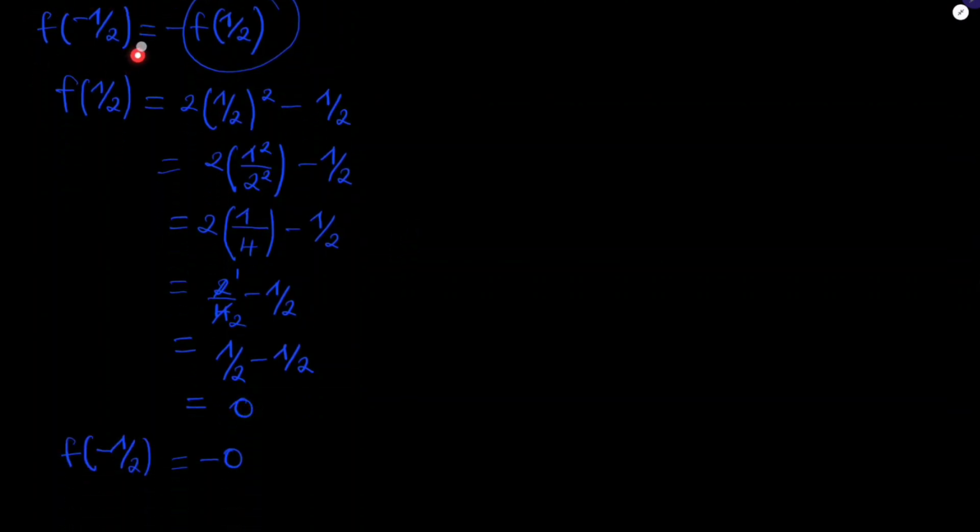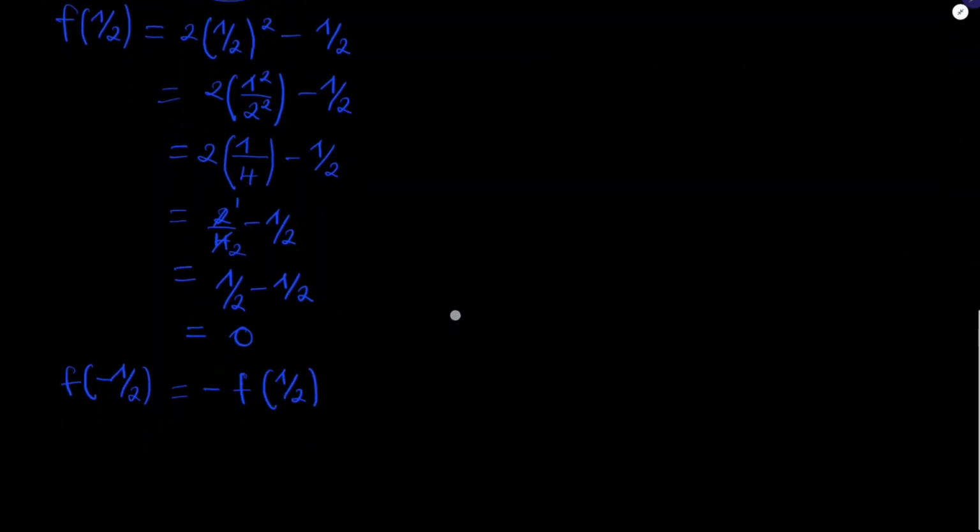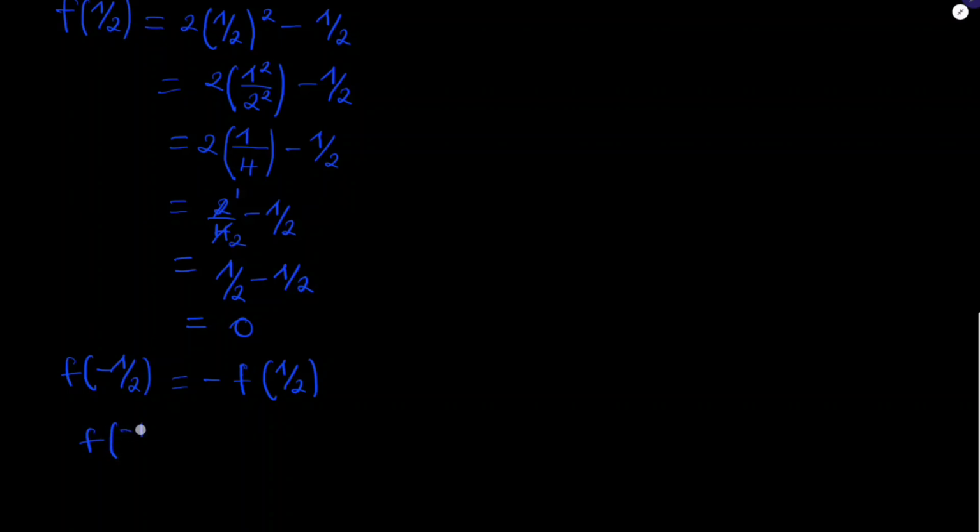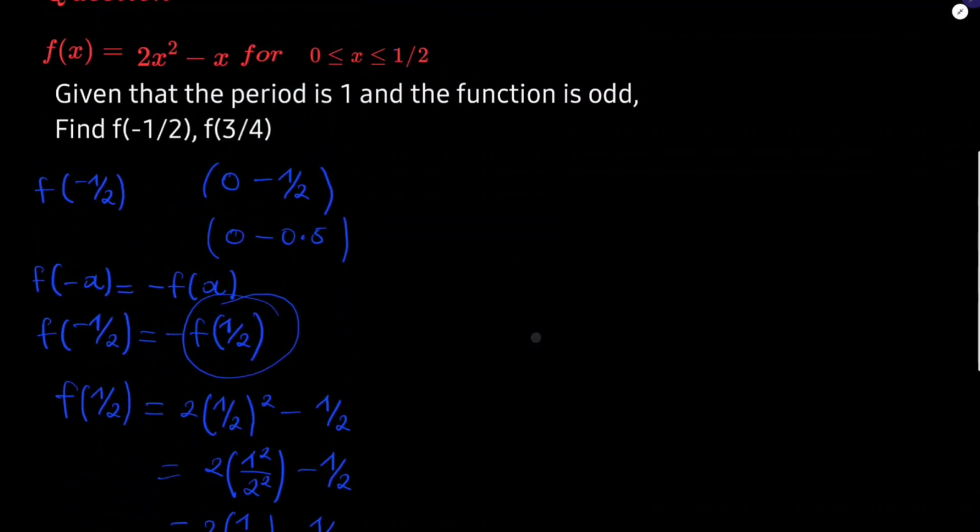Now we come back here, so f of minus half equals minus f of half. And now f of half is 0, so it's just going to be minus 0. So we can say that f of minus half is equal to 0. Minus 0 is 0. So that is what we have for the first one.